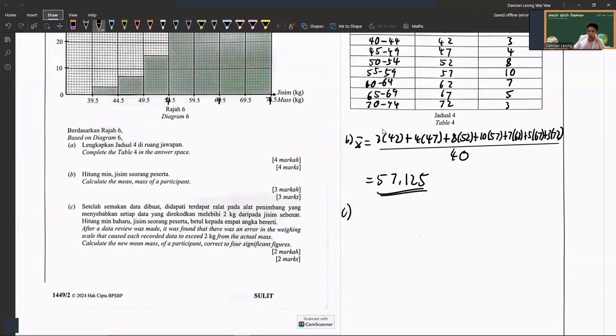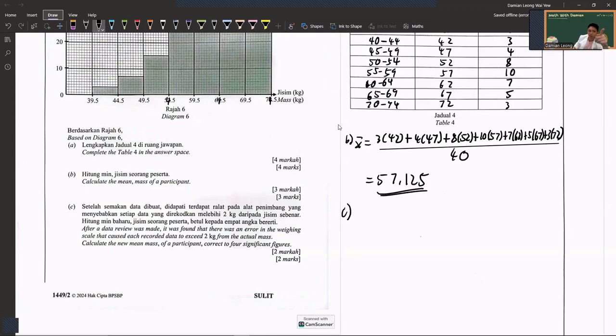And part C, after a data review was made, it was found that there was an error in the weighing scale that caused each recorded data to exceed 2 kg from the actual mass. Yeah. So means everything is added by 2. Every single data was added by 2, so we need to minus back 2.